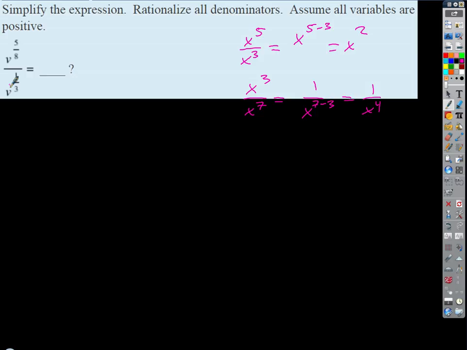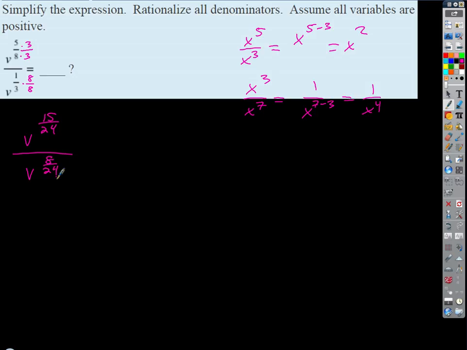But if I wasn't sure, I could just write them in terms of a common denominator, couldn't I? What's the least common denominator of 8 and 3? 24. So I'd have to multiply this one by 3 over 3 and this one by 8 over 8, right? And then what does that give me? So I end up with v to the 15/24 over v to the 8/24.